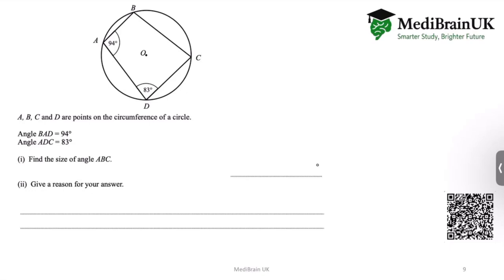Okay, so I'm going to start going through the answers now. So it says find the size of angle ABC. Okay, now the way that you find the size of the angle, so what does this look like? This looks like a quadrilateral, which is inside a circle. Because this is a quadrilateral within a circle, you know that opposite angles in a cyclic quadrilateral add up to 180 degrees.